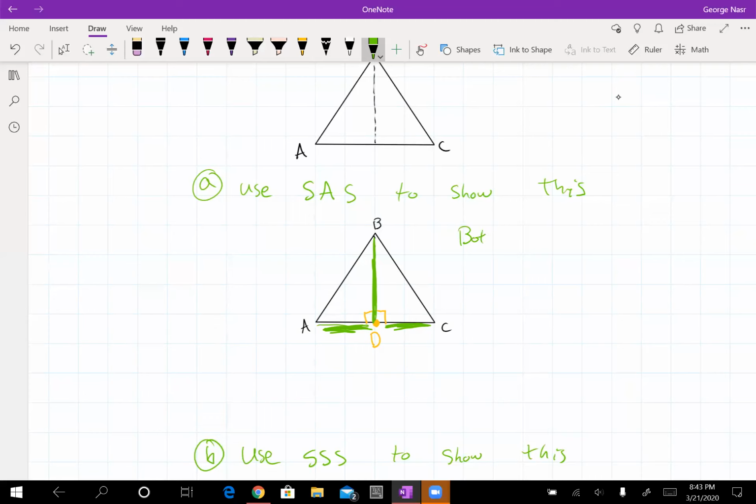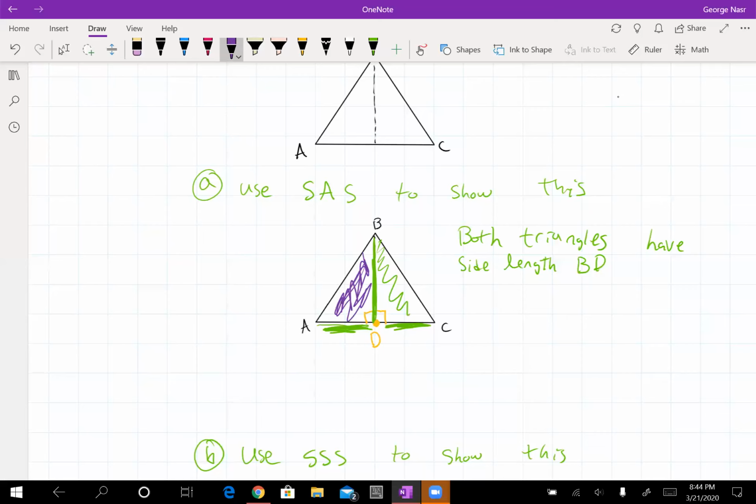So both triangles have side length BD, right? This green triangle and the purple triangle, they both have side length BD.